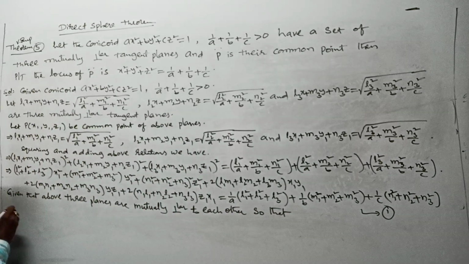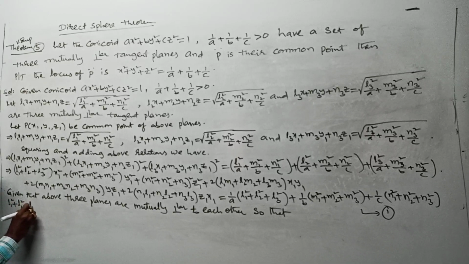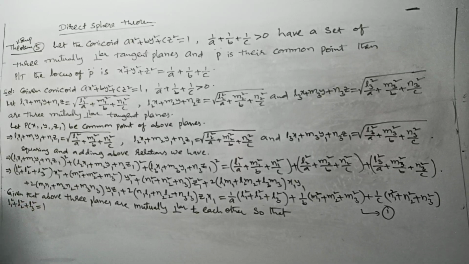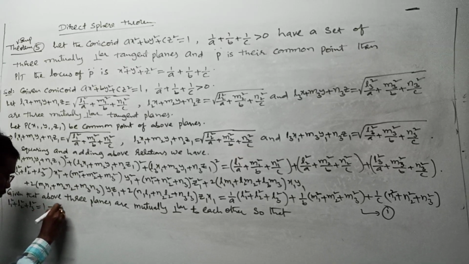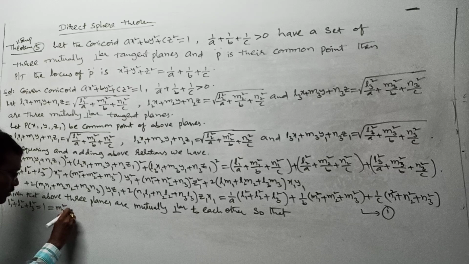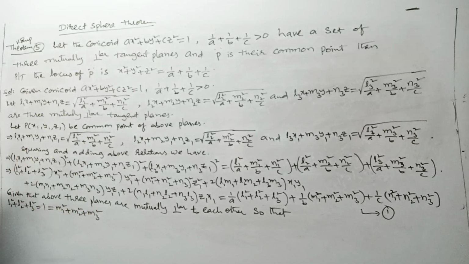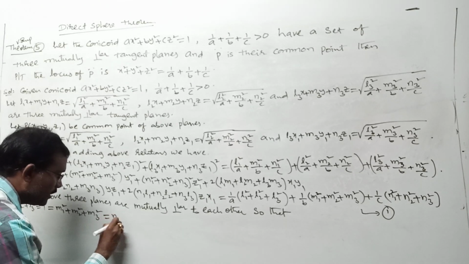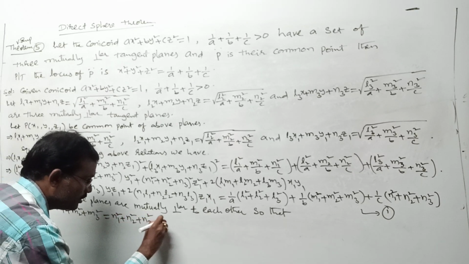What is that relation? L1 square plus L2 square plus L3 square is equal to 1. In the similar way, M1 square plus M2 square plus M3 square is equal to 1, which is the same as N1 square plus N2 square plus N3 square. This is the first relation.